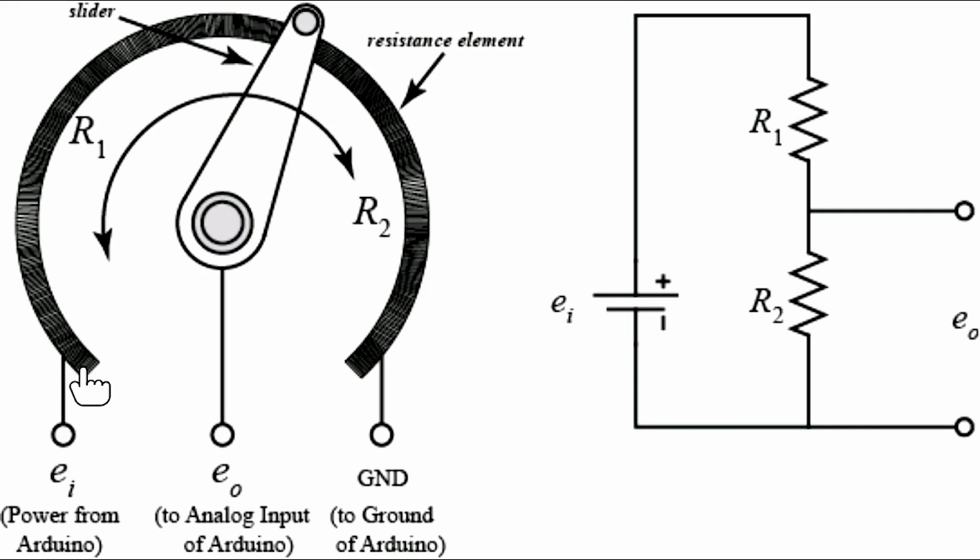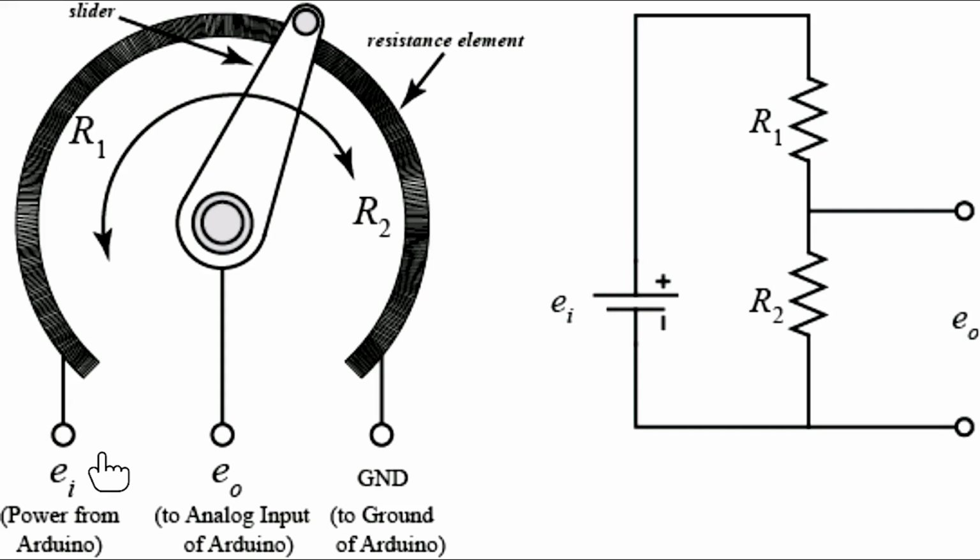So it has 3 terminals, 1, 2 and 3. These are the 3 terminals of the potentiometer. This terminal and this ground, these two are for the supply. Here we give the positive terminal of the supply, and here we connect it to ground.